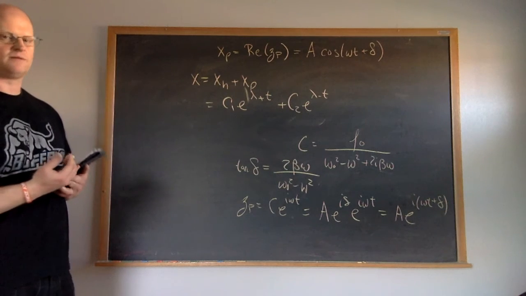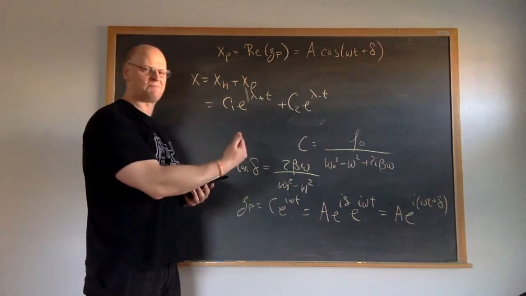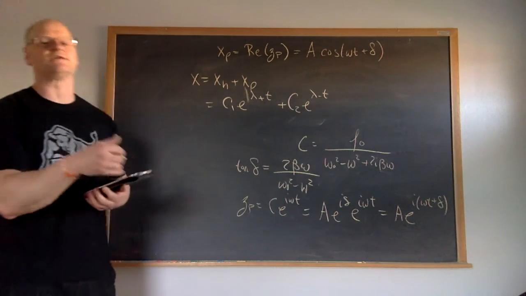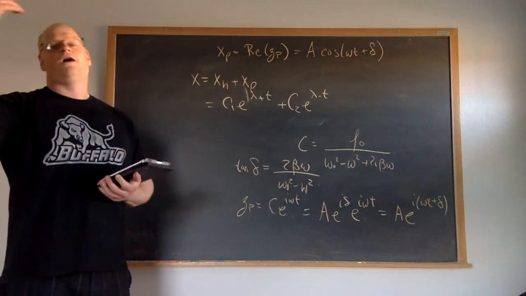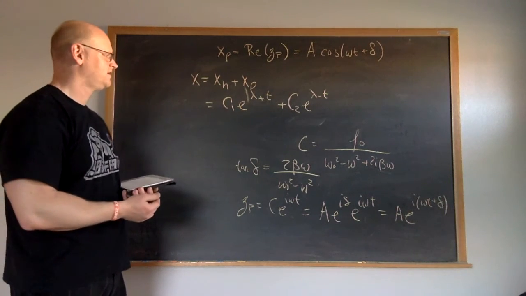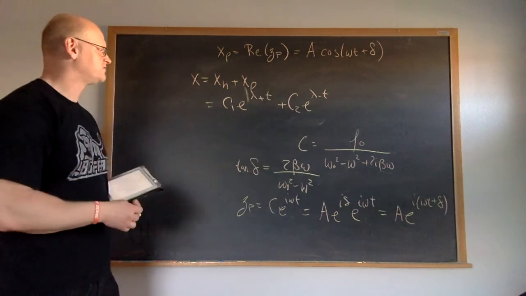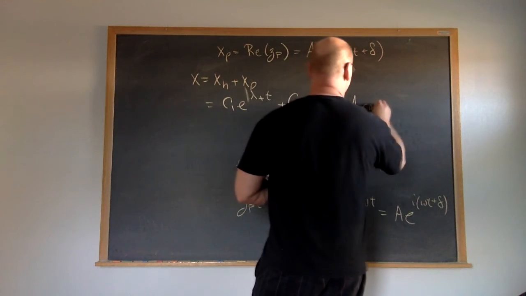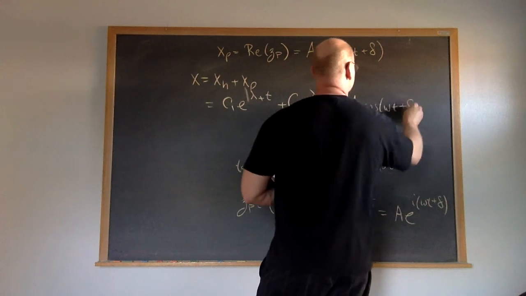What this looks like is going to depend on the sizes of omega 0 versus beta, which gives us the different overdamped versus underdamped versus critically damped cases, plus A times cosine of omega t plus delta.